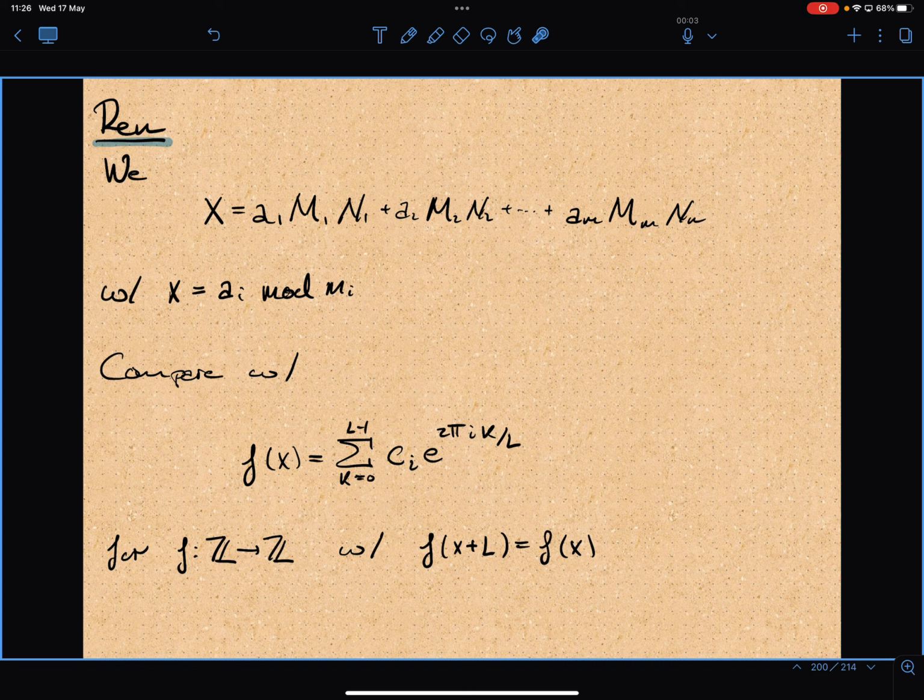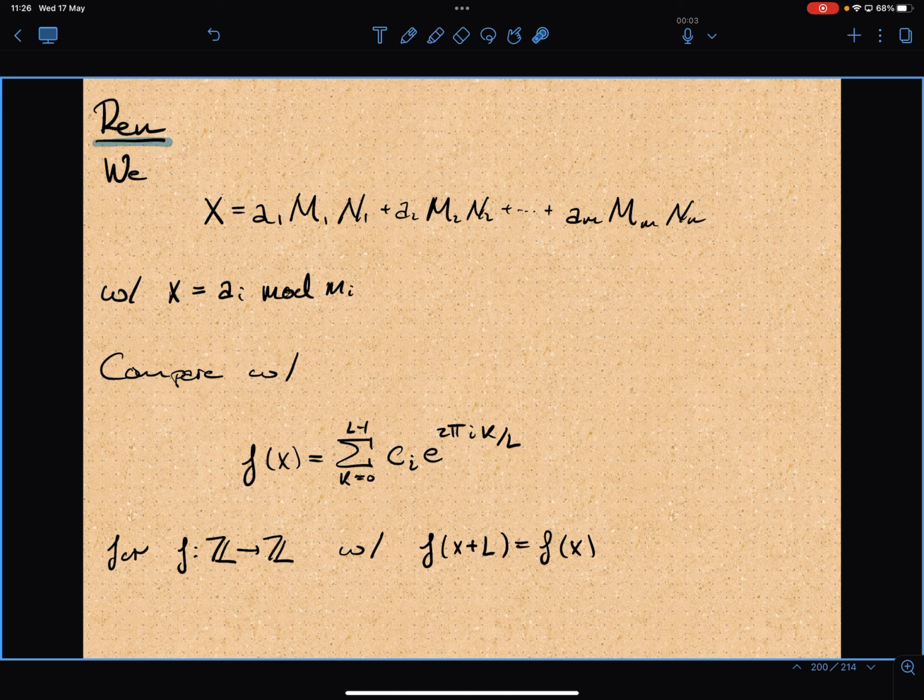Since it's just the integers and it has this period L, you're going to have L different frequencies. And this ck is going to be how much of this frequency is in your function.